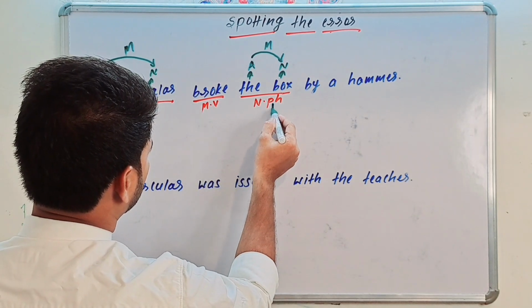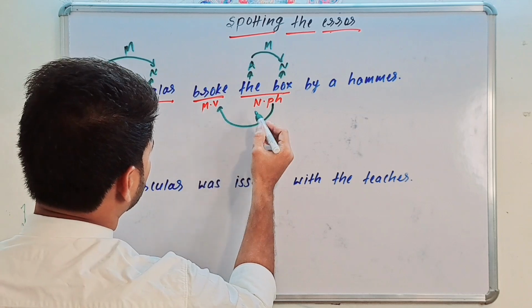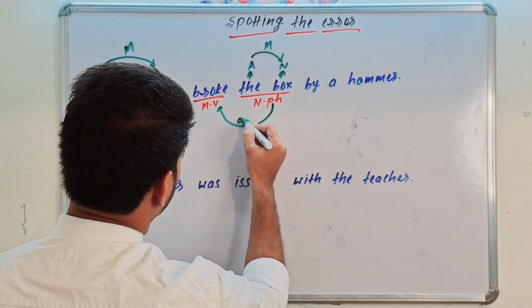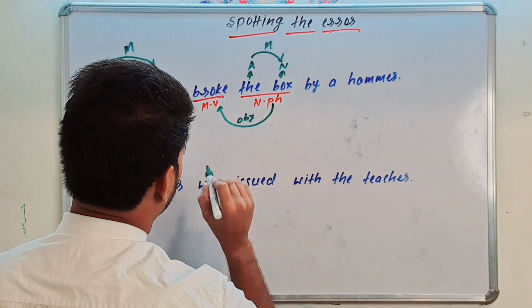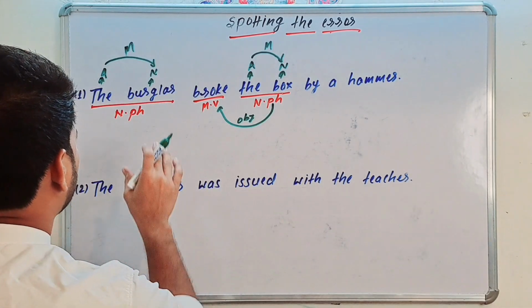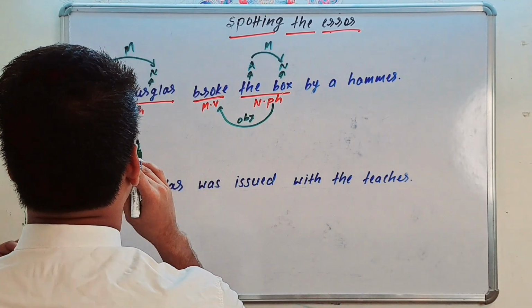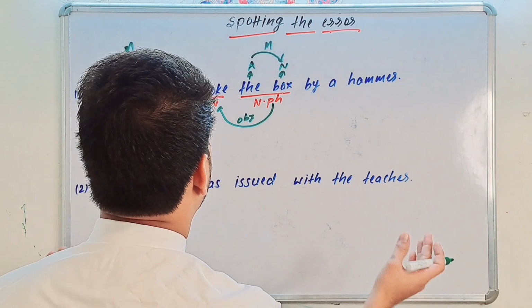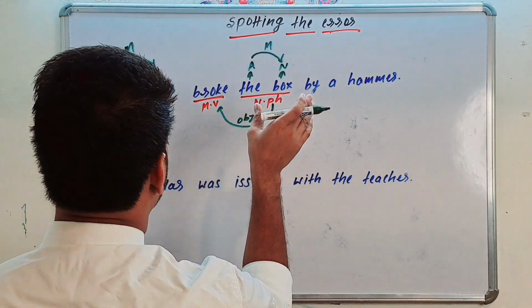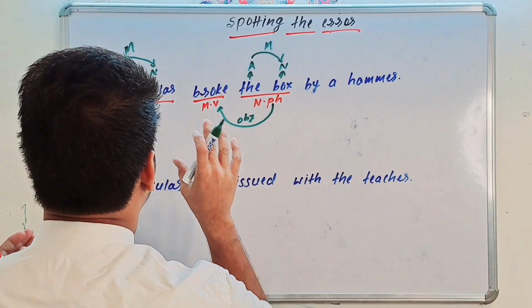So this is an object of the main verb. The burglar broke what? The box. So that's why this noun phrase is an object of the main verb.